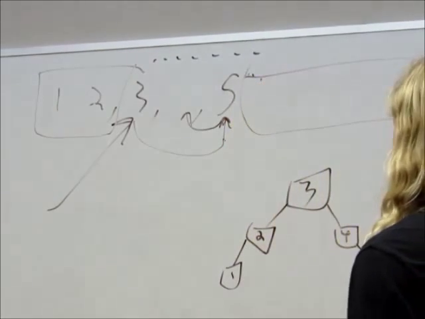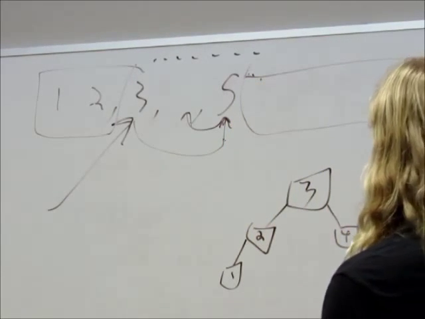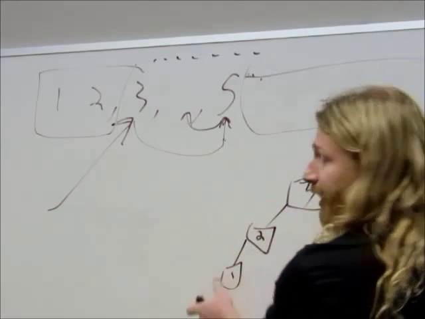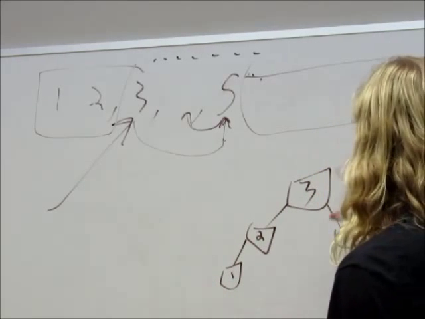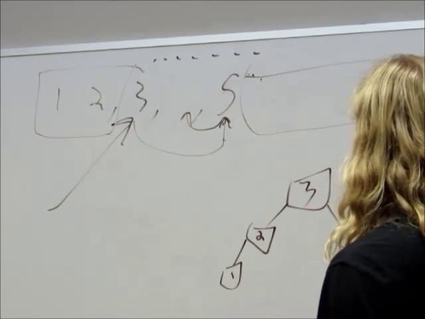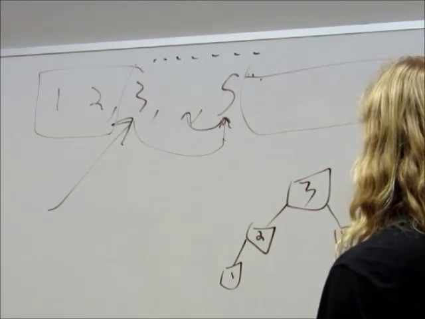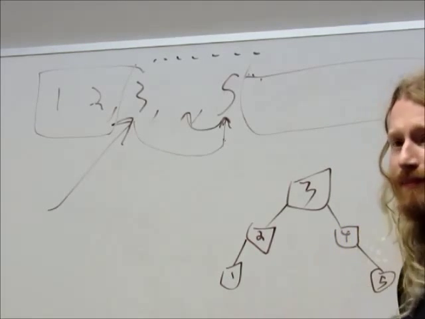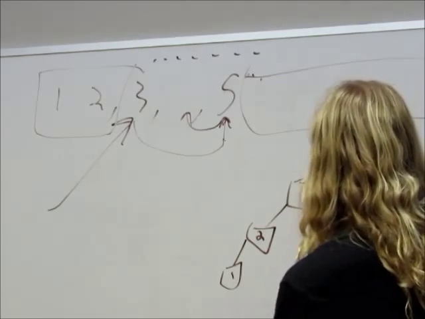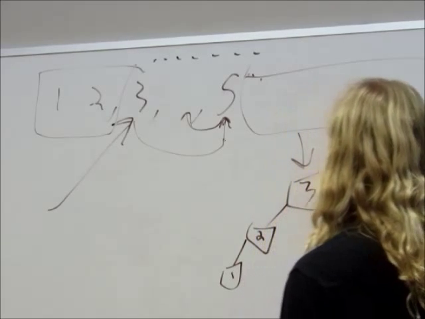I still have elements that link to each other, but they're arranged in a way where suddenly I can make a lot more leaps. So I can come to the front and be like, all right, 3.